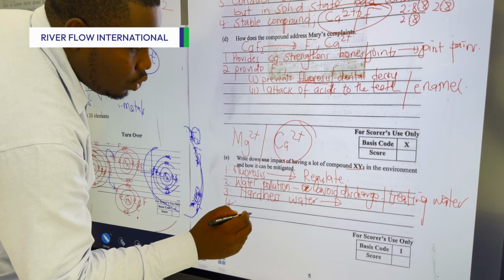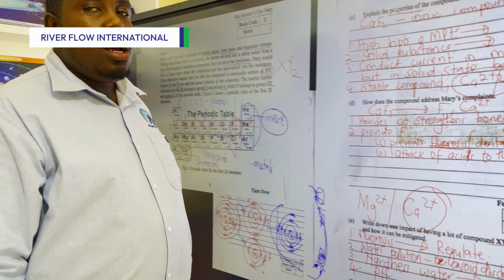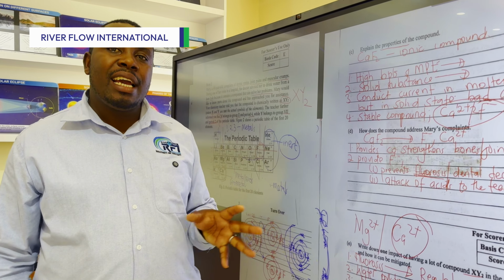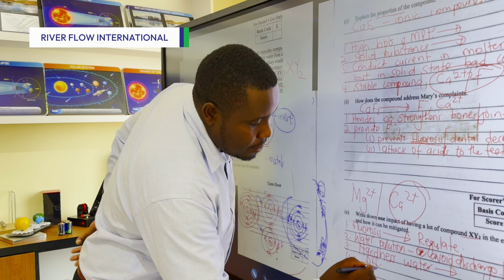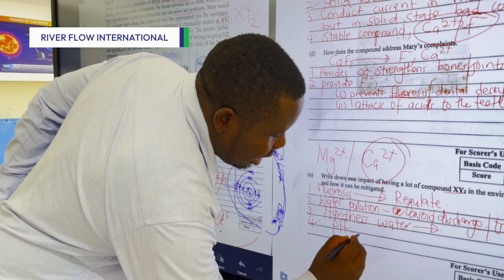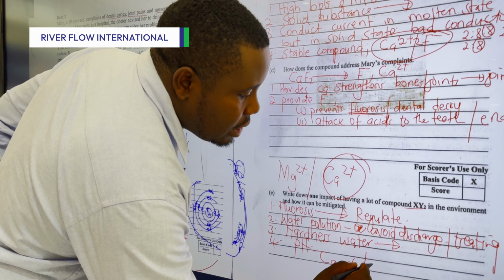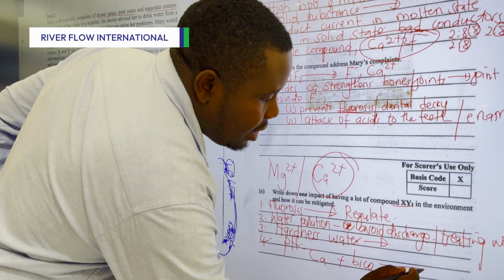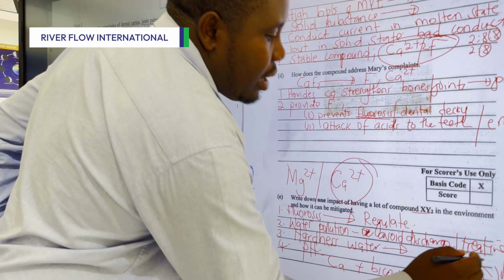Number four, you can also look at the pH. Remember, once calcium gets into the environment, it can easily combine with bicarbonate, and therefore this bicarbonate can end up making calcium carbonate.